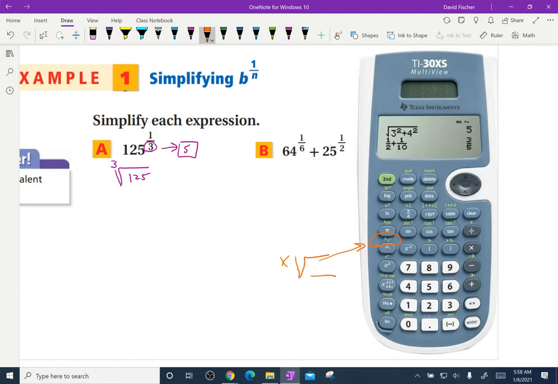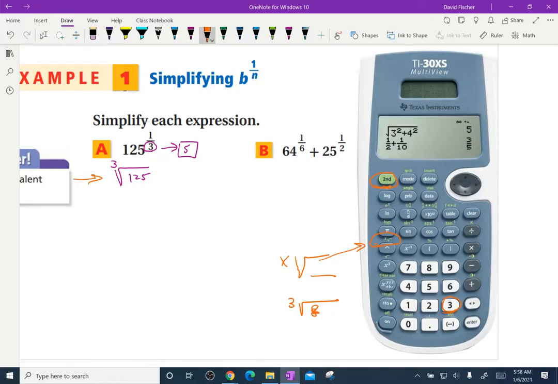So if I want to do this math problem, letter A, I have to put in a 3, and then hit my second function button. You'll see in the window that the 3 pops up there in my root, and it'll say, now what do you want underneath the root? As soon as I hit that button, I'll type in 125.